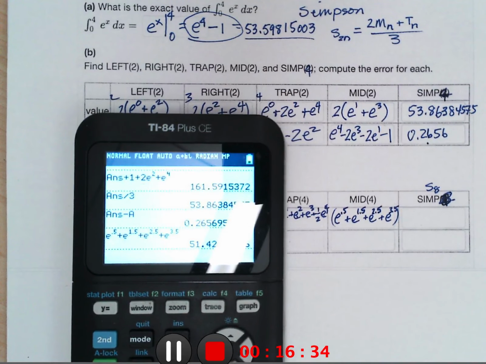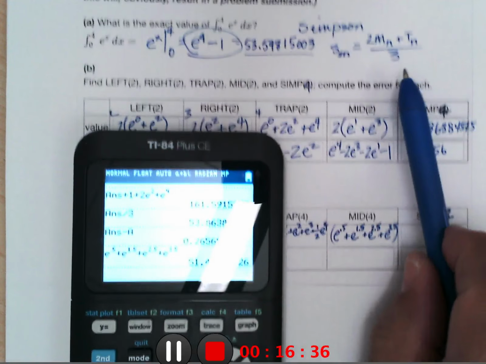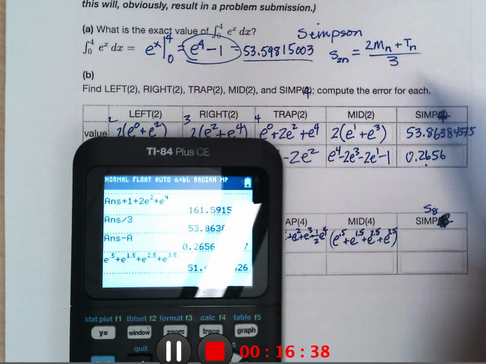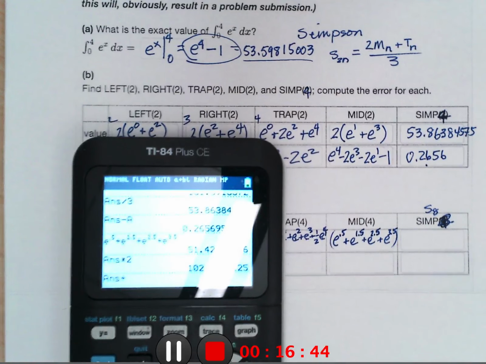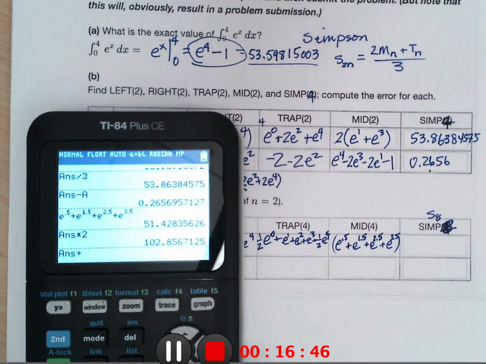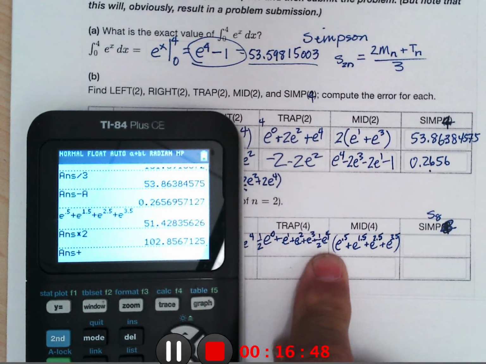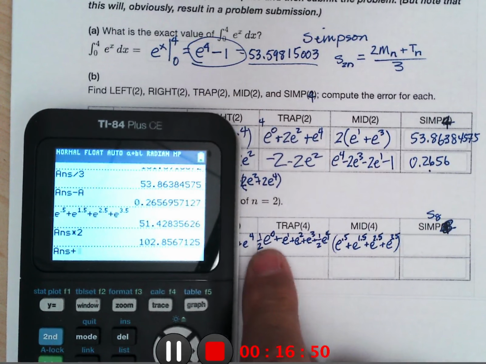Now, according to the Simpson rule, I need to do 2 of those. So I'm going to take this times 2, then add to it the trapezoidal one. So now it's going to be messy. It's going to be 0.5 times e to the 0, which is 1.